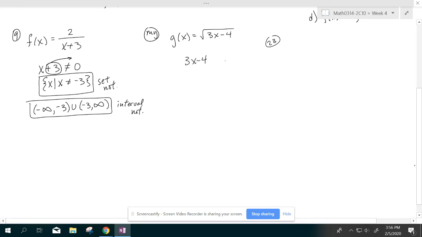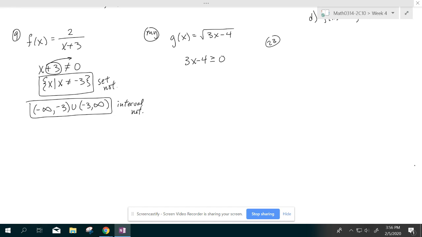The answer is yes. What can the stuff under the square root not be? Negative. So we know that the stuff under the square root has to be positive. The way you say that is whatever is under the square root has to be greater than or equal to 0.